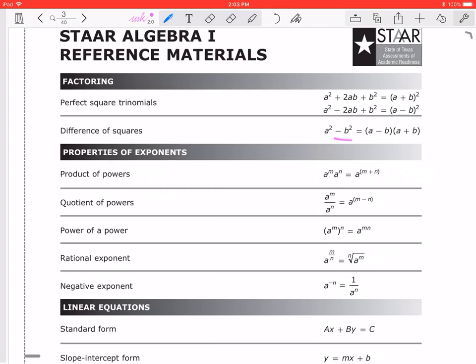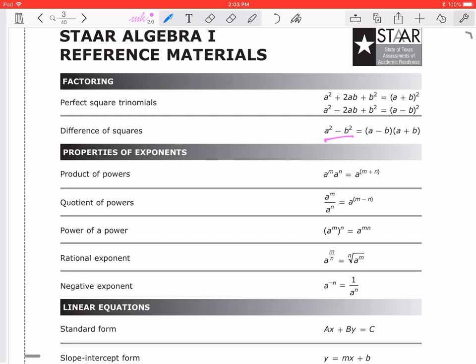The second important one is called the difference of squares. We went over that in class, and that was called the product of a sum and a difference. The easiest way, vocabulary-wise, is the difference of squares. The difference being is that we have a subtraction here, and both the a value and the b value here are both perfect squares.